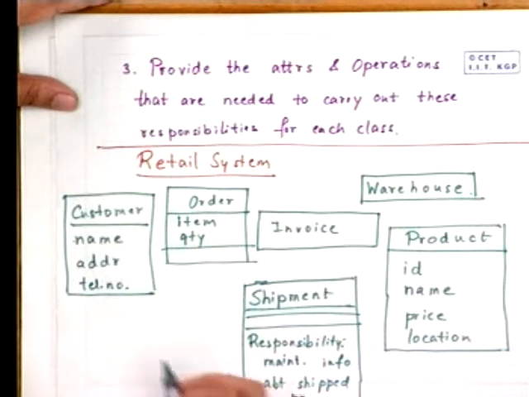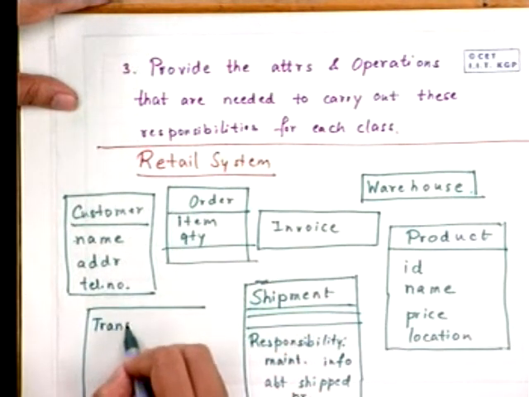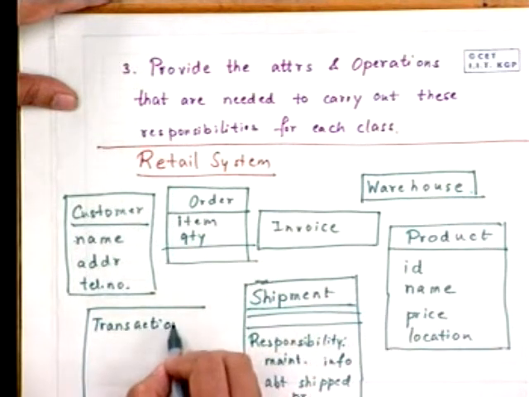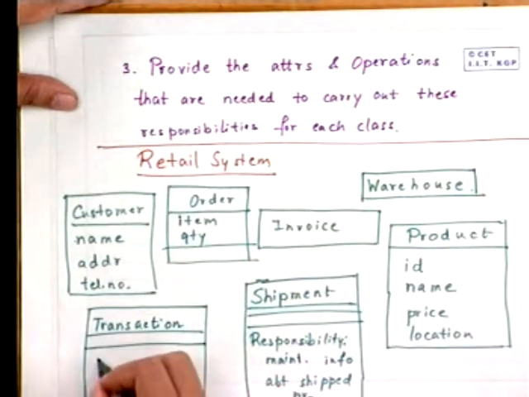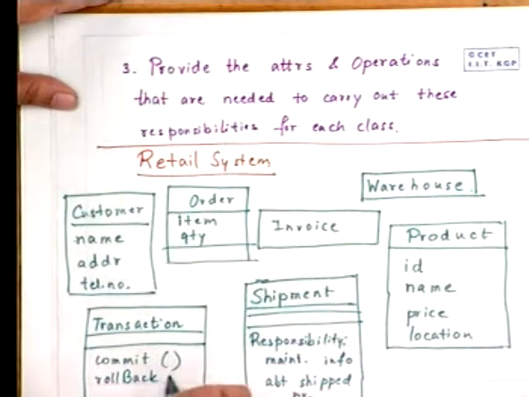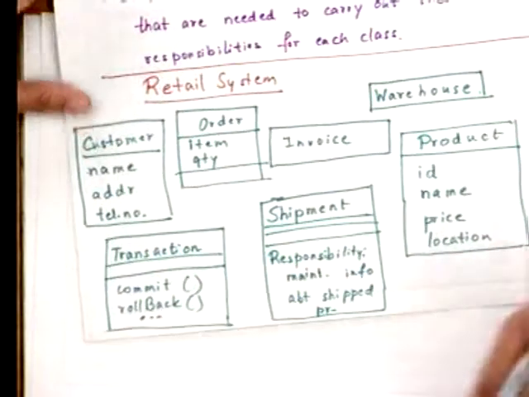We have an object called the transaction, and the operations are commit, rollback, etc. So these are the objects that we have designed for a retail system. Later we also have to find the relationships between these objects.